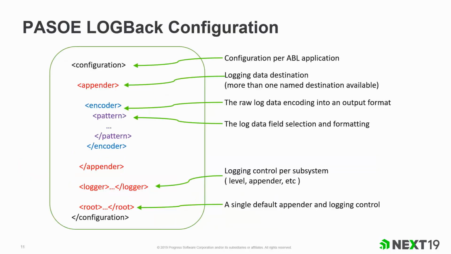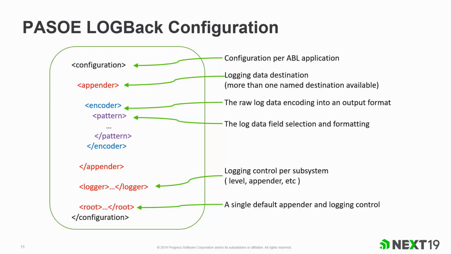Okay, so putting all those concepts together, this is what one of those XML configuration files looks like. There's that outside level configuration block. Inside the configuration are one or more appenders, and each appender has one or more encoders with that pattern in it that gives the template for the file.